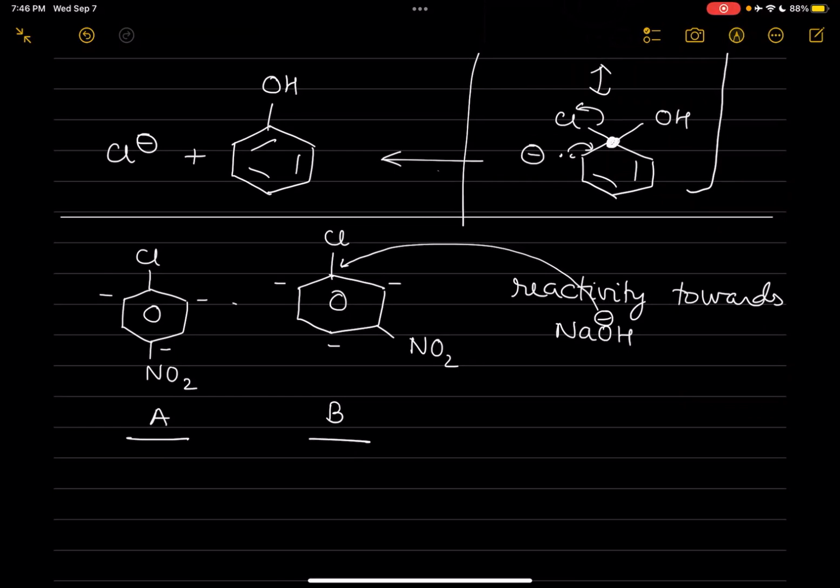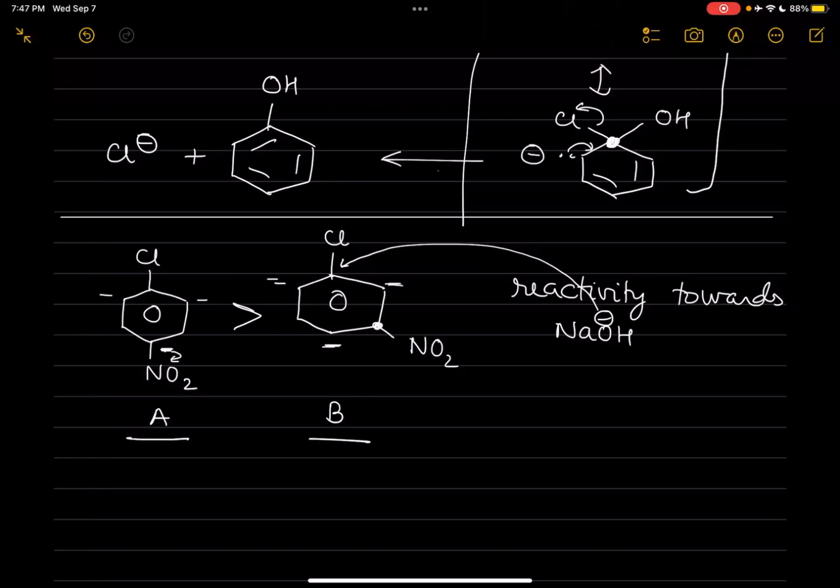Yeah, A is the right answer because this minus is going to be taken away by the NO2 also. So NO2 in a way is helping the minus to get dispersed, because NO2 has plus and the minus and plus will become more stable. But you need to have the NO2, Anushka, right at the position where the minus charge is passing. So this NO2 can't help this minus charge to get stabilized because the minus charge will come at ortho position.